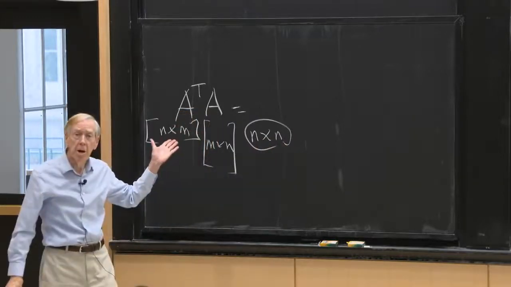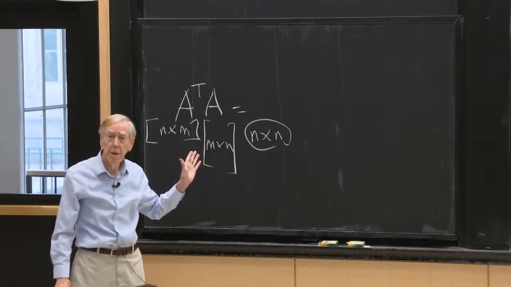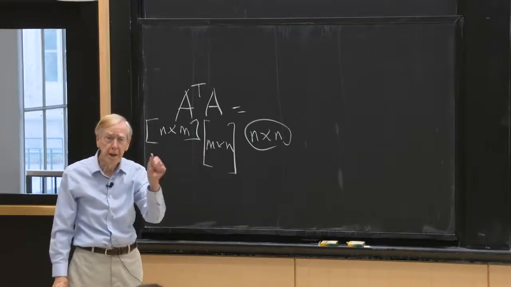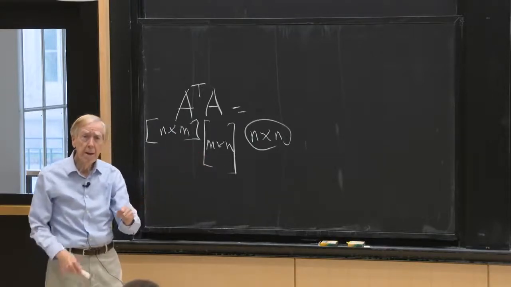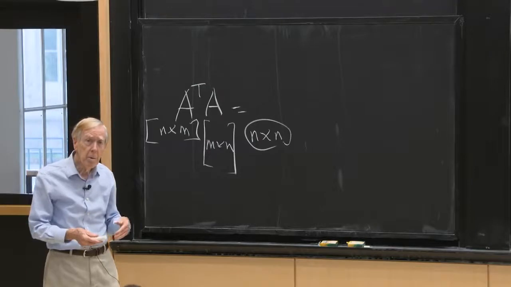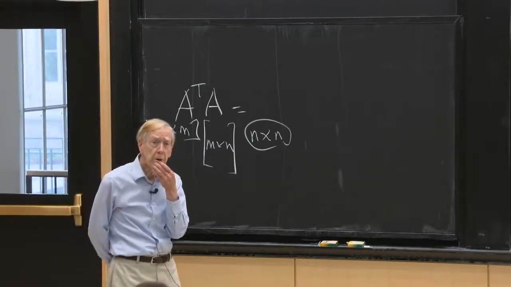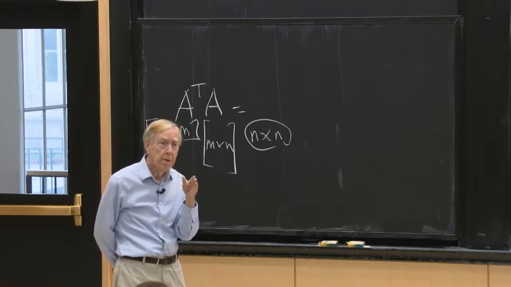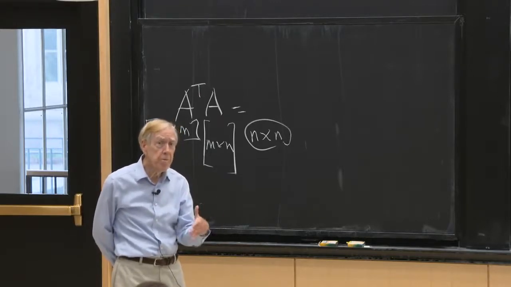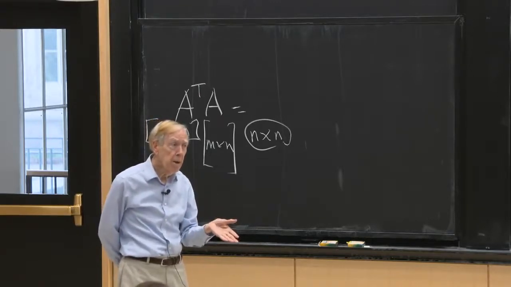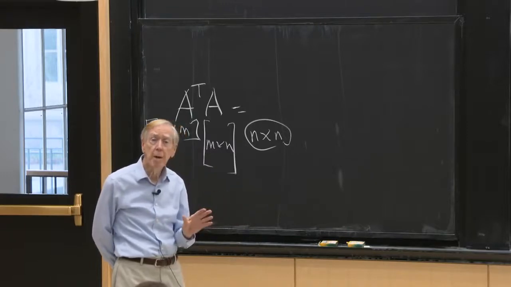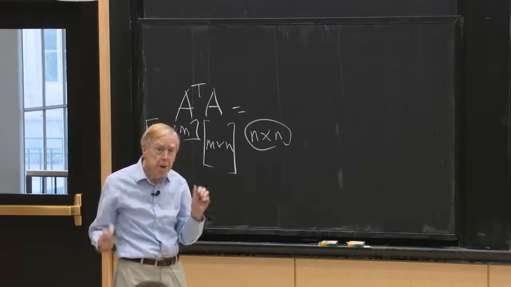And what else can you tell me about A transpose A? It's symmetric. That's a big deal. And it's square. And you can tell me more now, because we talked about a topic that's a little more than symmetric last time. The matrix A transpose A will be positive definite.